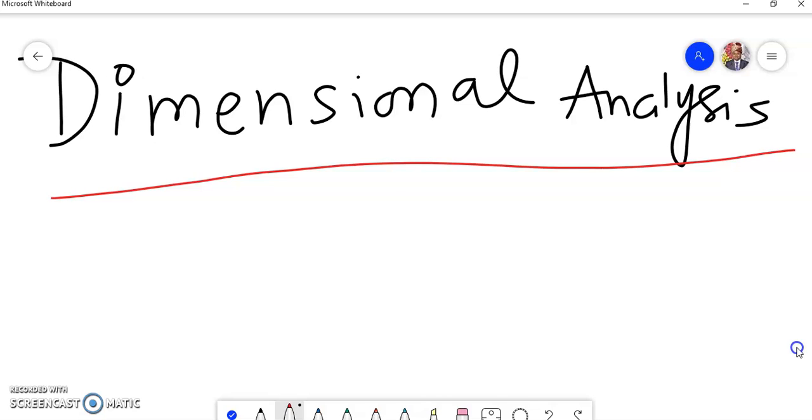For example, we have a fundamental quantity length.